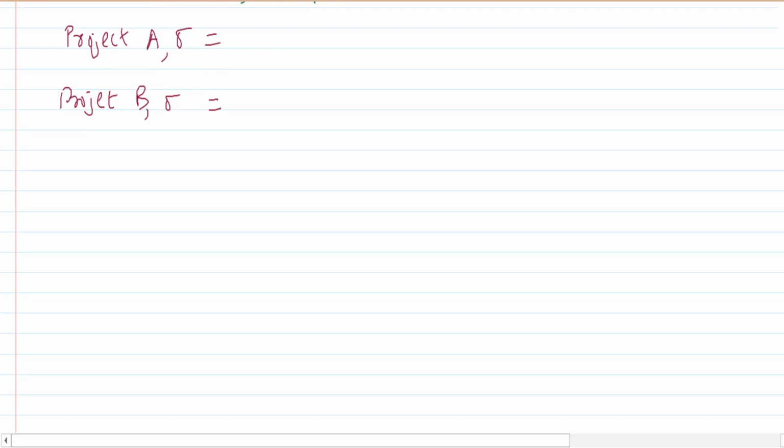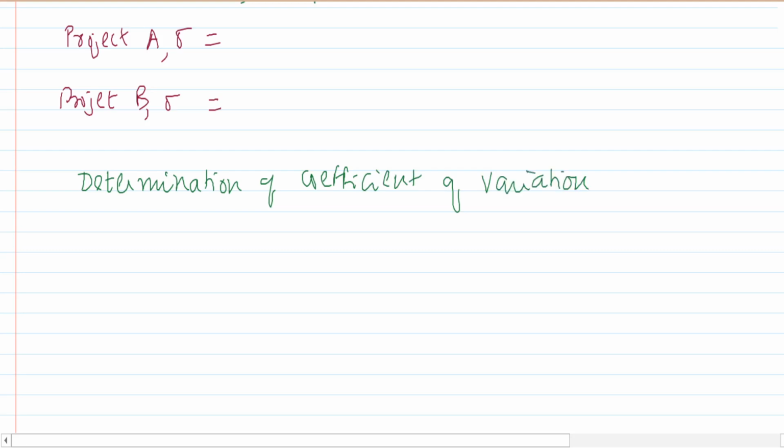So then we say determination of coefficient of variation, CV. Below that we say CV equals risk divided by return. So this is equal to standard deviation divided by expected net cash flow.